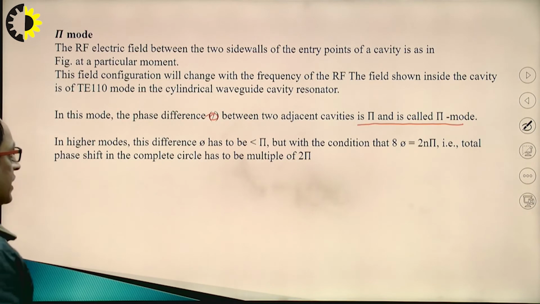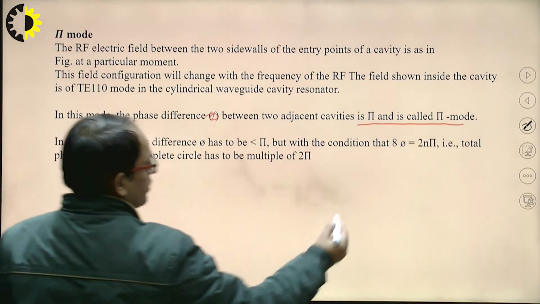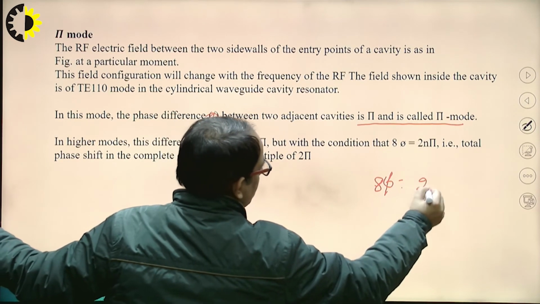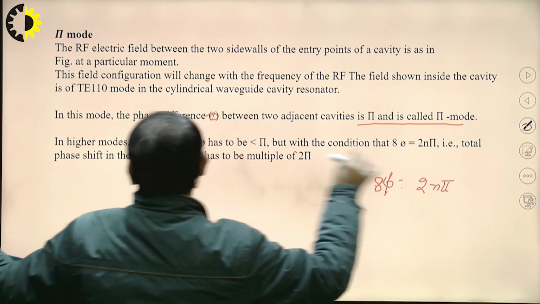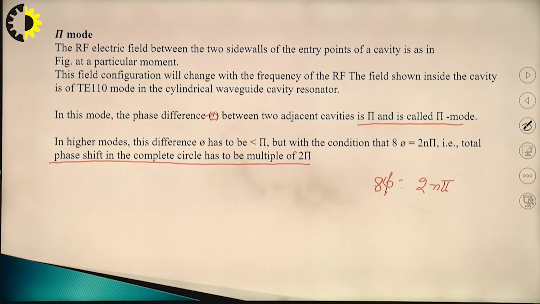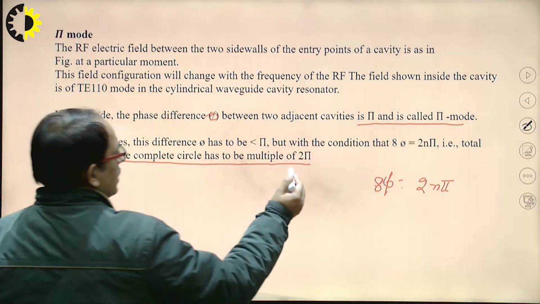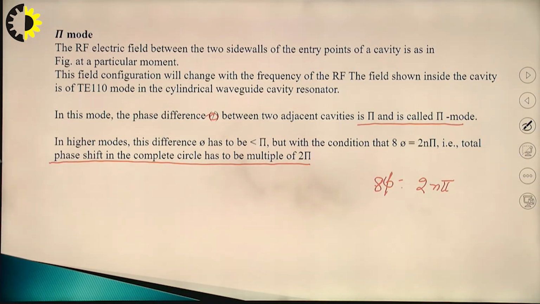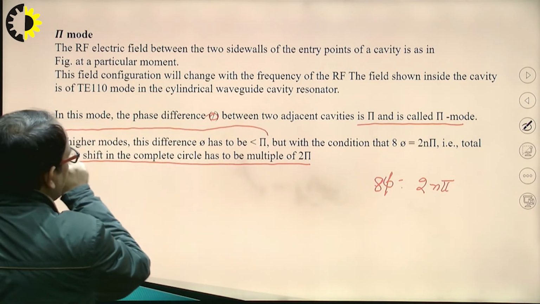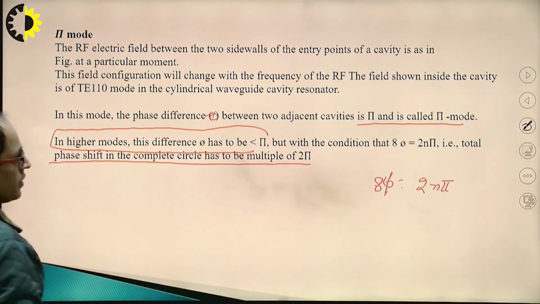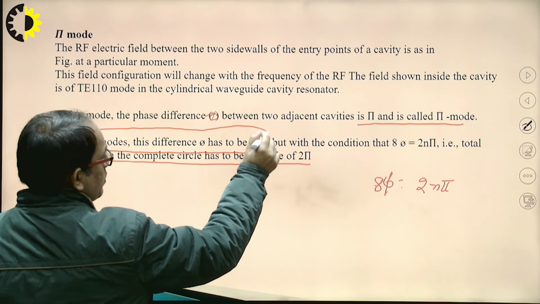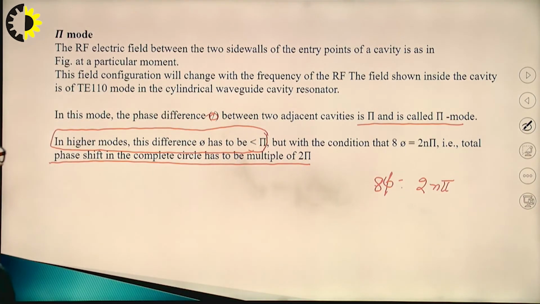When there are 8 cavities, 8 times phi equals 2nπ, that is, the total phase shift in the complete cycle has to be a multiple of 2π. In higher modes, this difference should be less than pi. Clear?